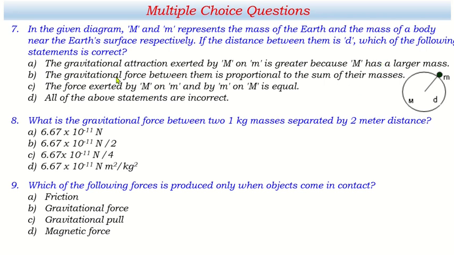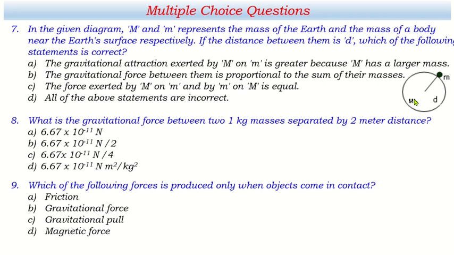Number B, the gravitational force between them is proportional to the sum of their masses. This is also not correct, because the gravitational force between them is proportional to the product of their masses. That's why A and B both are incorrect. The force exerted by M, it means the force exerted by the Earth's mass on small m, that is mass of the body, and the force exerted by the mass of the body on the Earth's mass is equal.